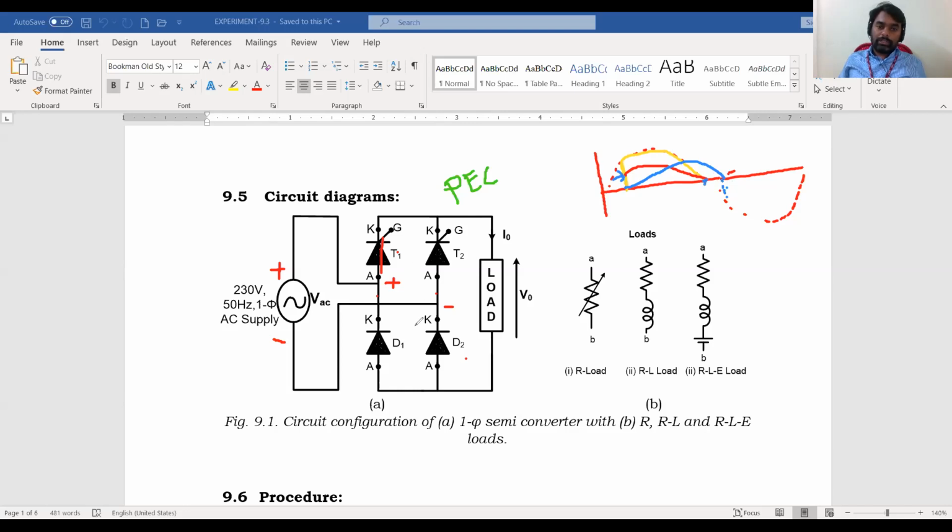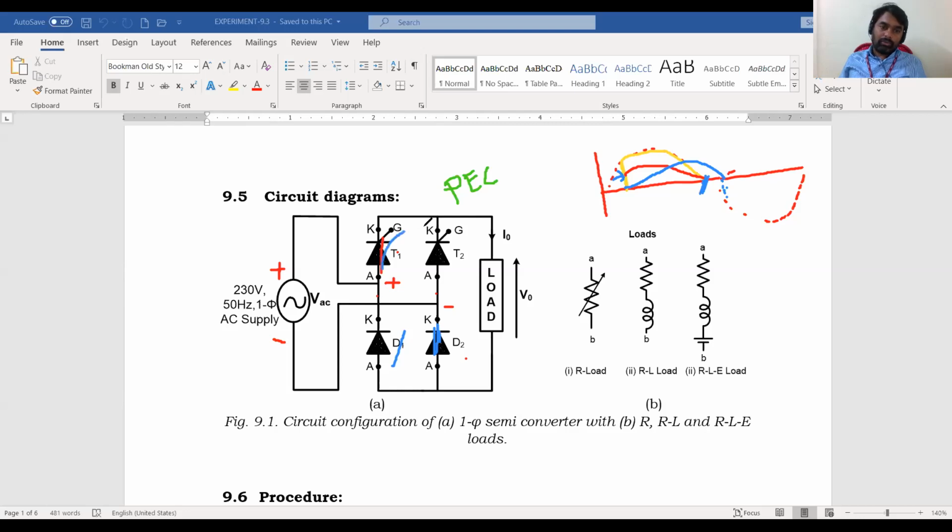After omega t equal to pi, the load is having a reverse voltage across it, which means the voltage across D2 is becoming reverse. Instead of triggering, D1 comes into picture, because from pi to 2 pi, D1 is in forward bias condition.